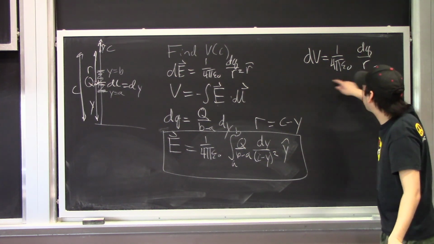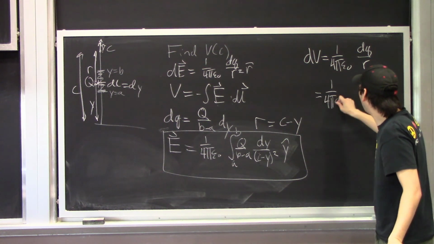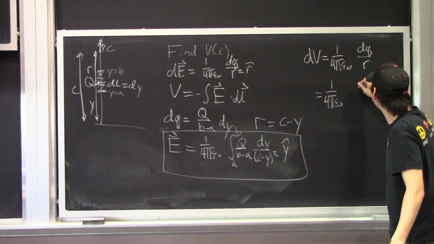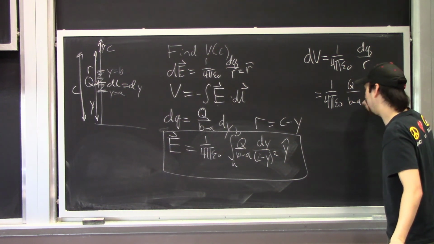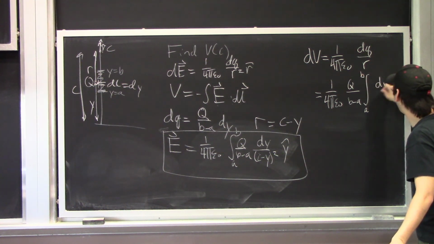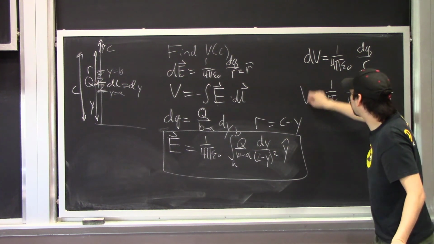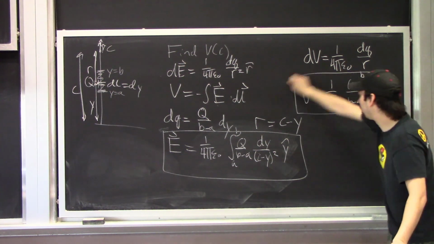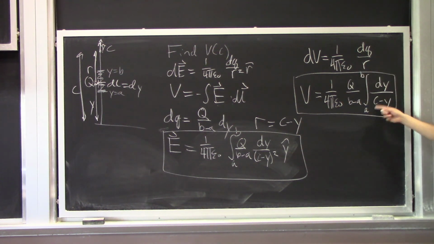And so when I plug everything into this one, this is just going to be 1 over 4 pi epsilon naught, q divided by b minus a times the integral from a to b of dy divided by c minus y. Okay, and this was ultimately what you should have. And again, you see that when I integrate this, I'm going to get some natural log, right?